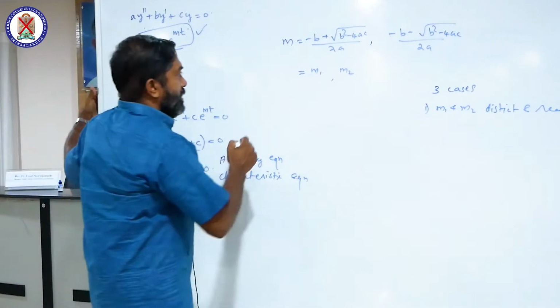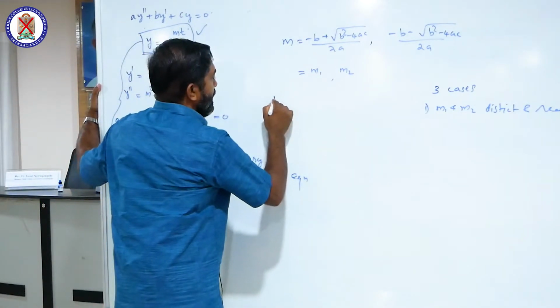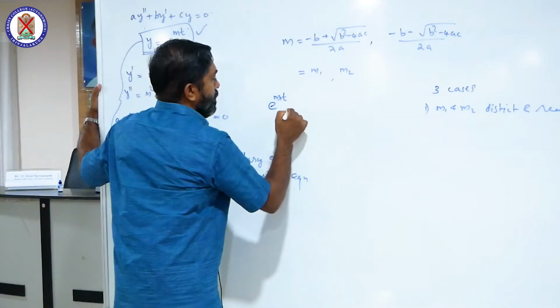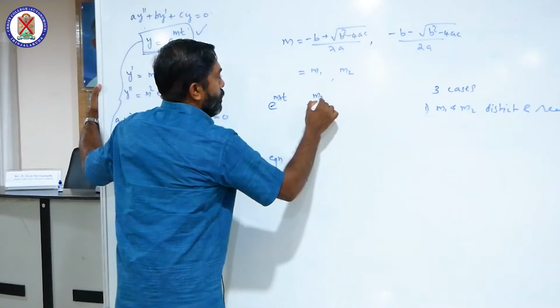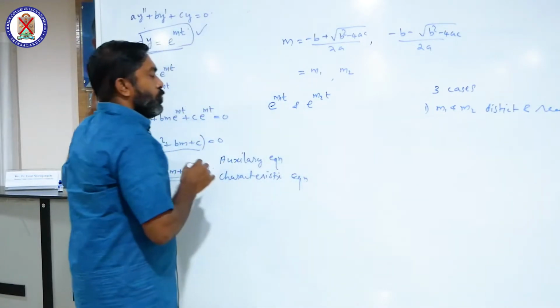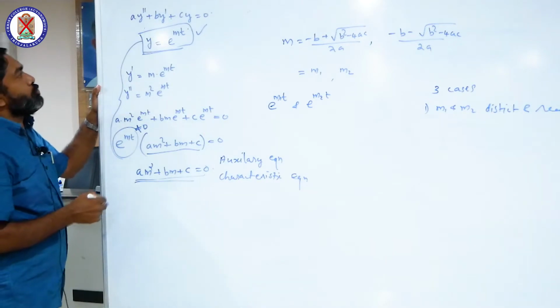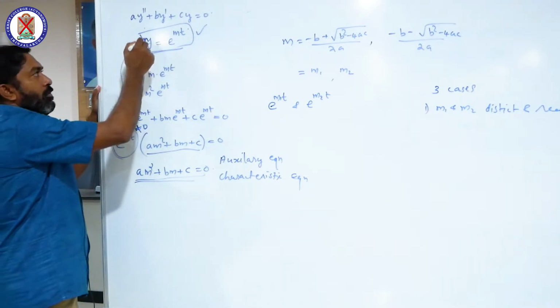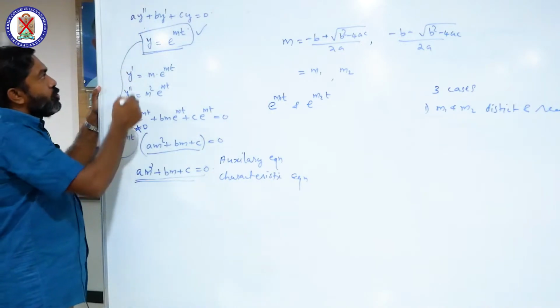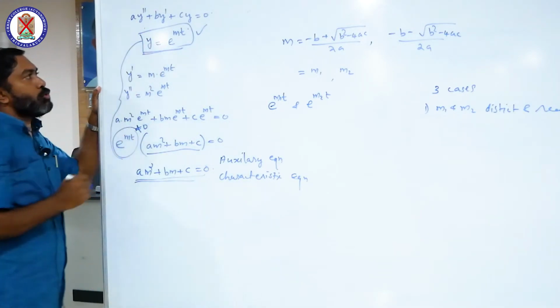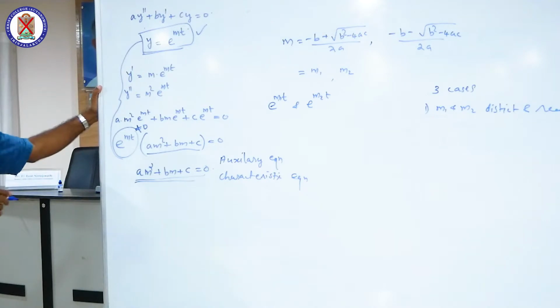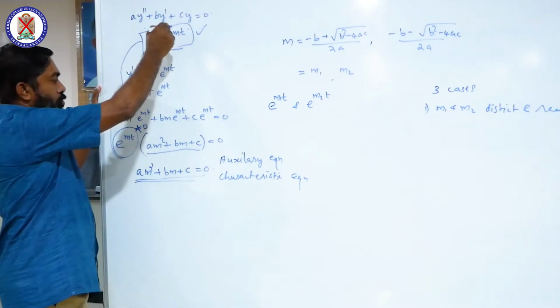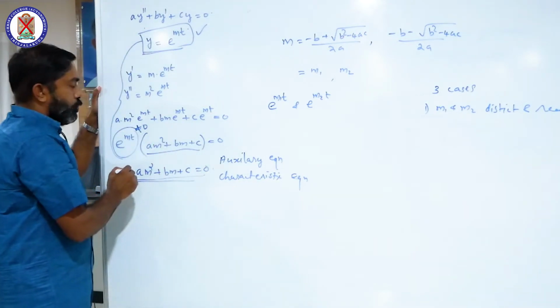So in that case we can say that e raised to m1 into t and e raised to m2 into t are two solutions of the given differential equation, because by our procedure we assume that y equals e raised to mt is a solution, so that m should satisfy this auxiliary equation.